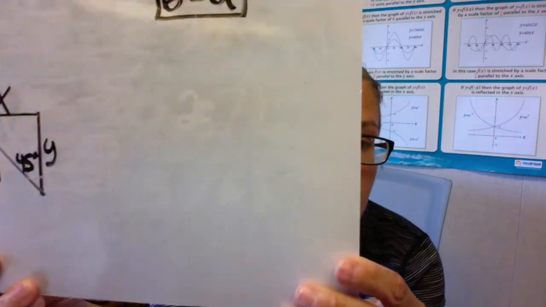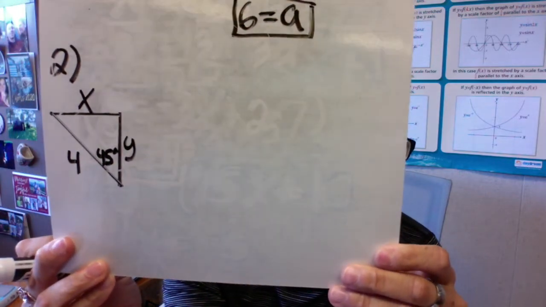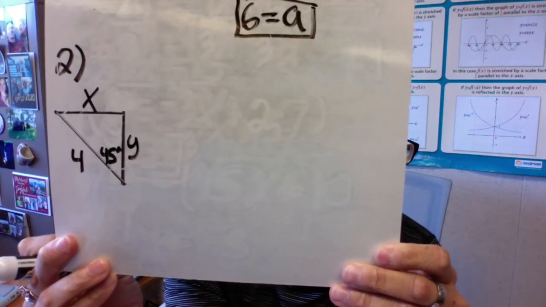Okay, number 2. That's now our image. So we need to take the length we have and divide by the square root of 2.